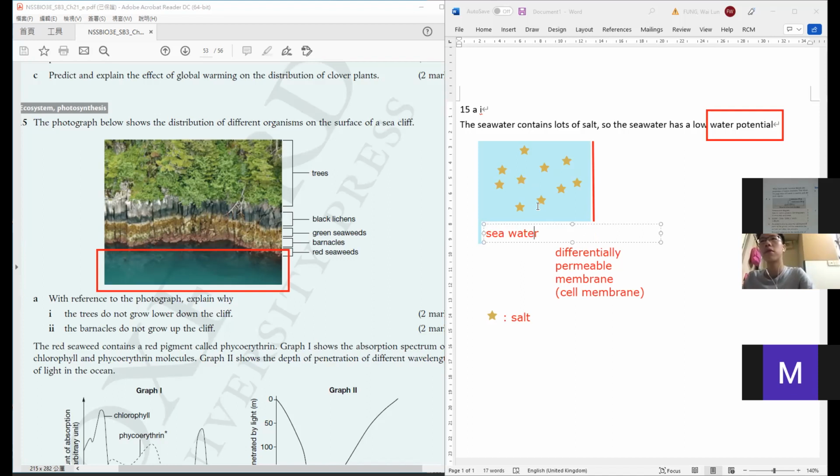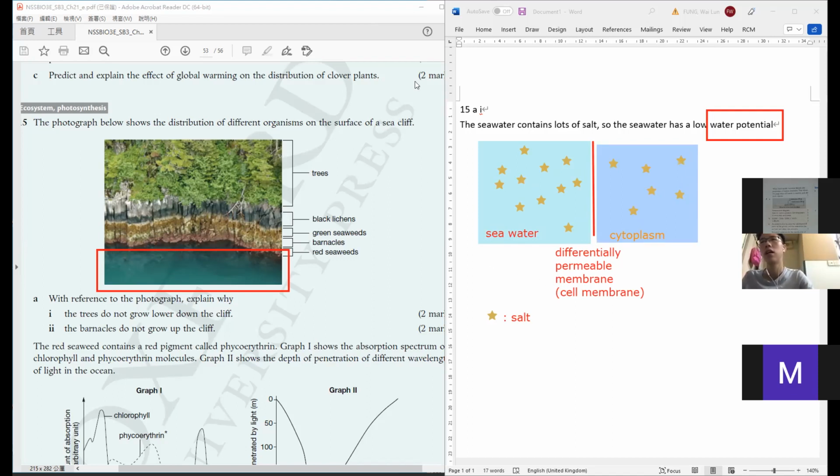And then the cell membrane, inside the cell, this is the cytoplasm. And inside the cell, we have less salt, so higher water potential.